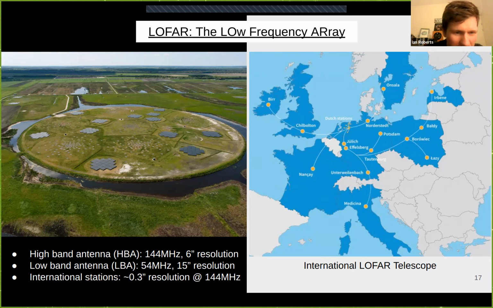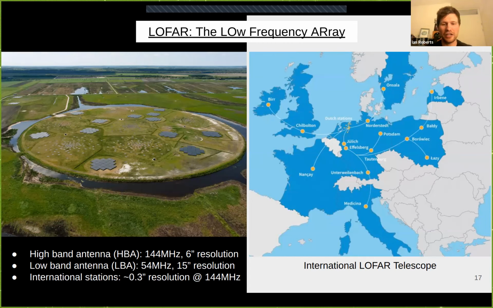If you look really closely, you can see smaller rectangular patches in this image as well. Those are antennas for the low frequency band of LOFAR, which has a midpoint frequency of about 50 megahertz. I'll also mention that there are a number of LOFAR stations distributed outside of the Netherlands throughout Europe.